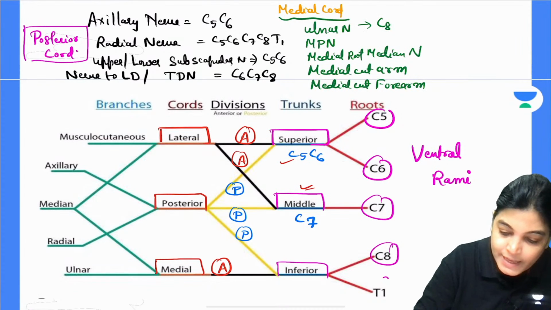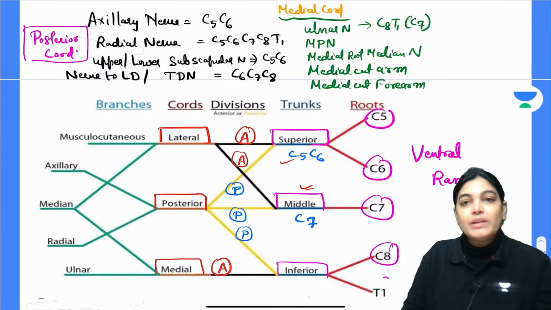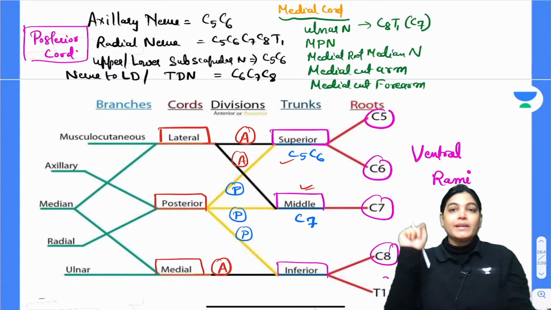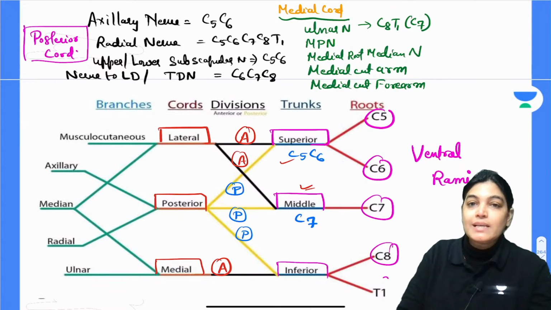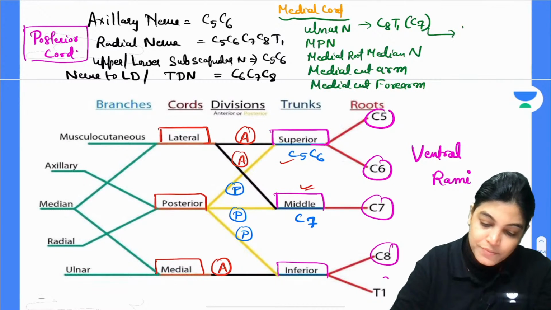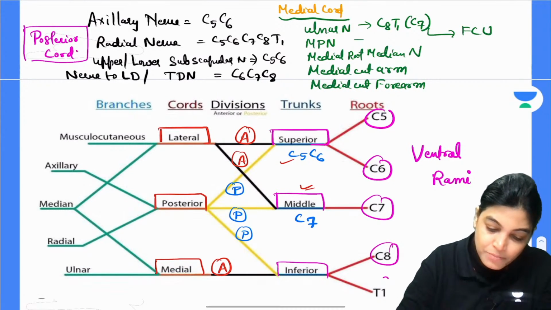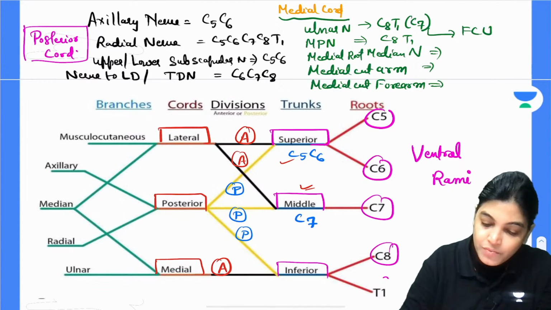Ulnar nerve C8 and T1, please write in bracket C7. For ulnar nerve, you will write C8 and T1 and in the bracket you will write C7. Why? Because C7 is giving innervation to FCU, flexor carpi ulnaris. Medial pectoral nerve C8 and T1. All other nerves of the medial chord have C8 and T1 as their root value.